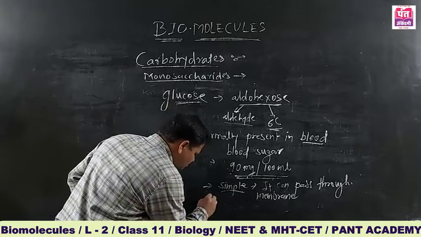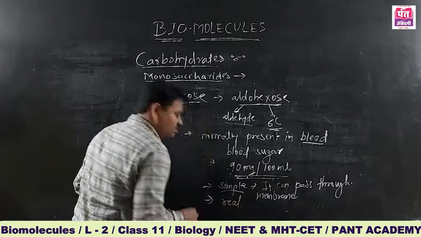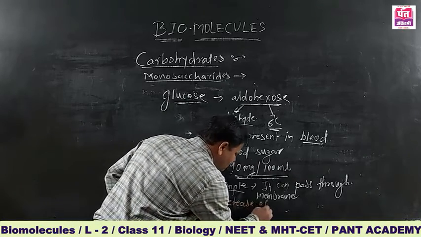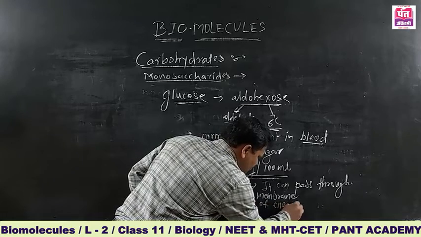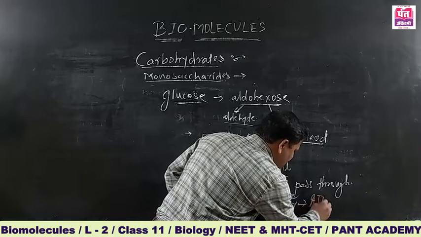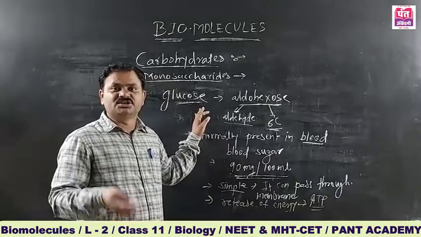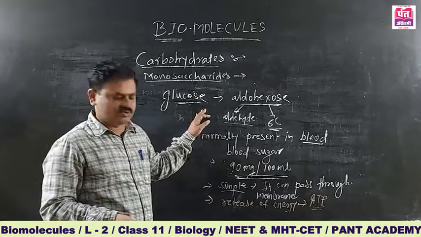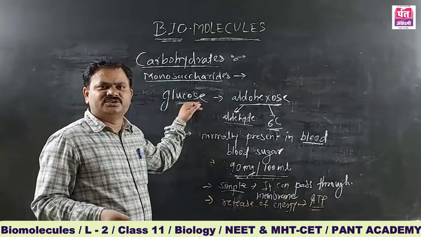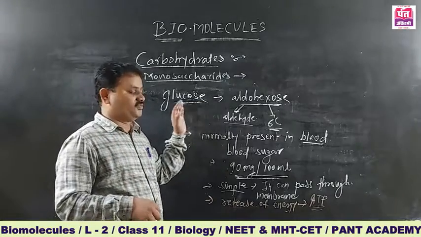This is the common sugar which is used for the release of energy. Especially it releases energy in the form of ATP, adenosine triphosphate, and therefore it provides energy for all different kinds of bodily processes or metabolic activities, and therefore glucose is at the center of metabolic activity or energy metabolism, we can say.